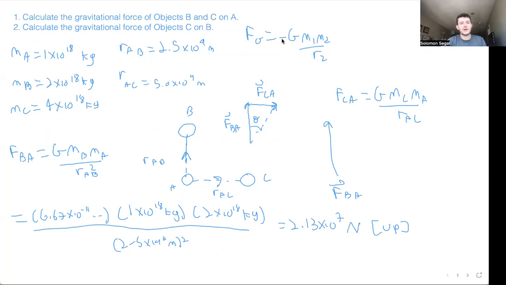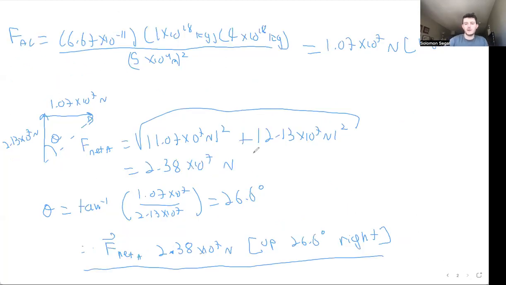We still have to calculate the gravitational force of object C on B. So B is going to be pulled this way from C, but we don't know this distance, right? So let's get ready for question number 2. We want F C on B. That is going to be equal to G MC MB over RCB squared.